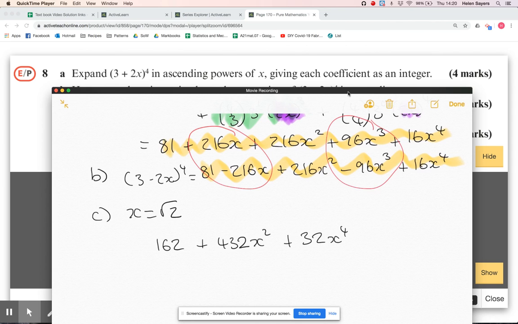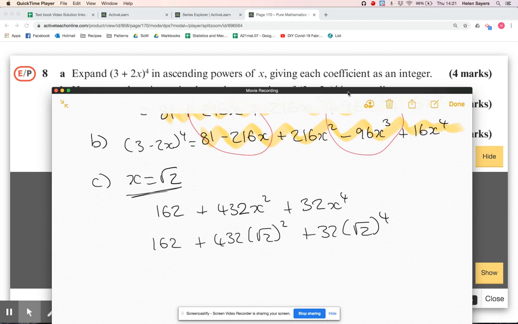If I then substitute x equals root 2 into that, it's definitely worth showing your working that this is what you're doing. That is going to be an integer. We can tell straight away because root 2 squared becomes 2, and that would then become 4. But there's nothing to stop you putting that into your calculator, to be fair.